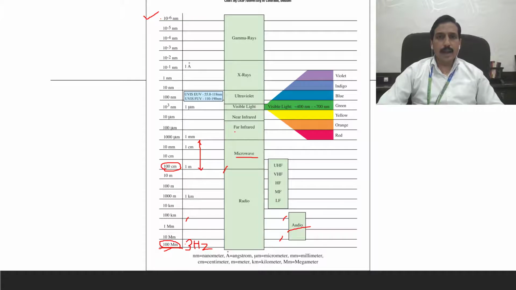Now as far as far infrared and near infrared are concerned, these range from 10 micrometers to 1000 micrometers. As far as visible light is concerned, visible light comes under 1 micrometer of the range. In that 1 micrometer of the range, you can see this band is zoomed into a variety of spectrums like red, orange, yellow, green, blue, indigo and violet.